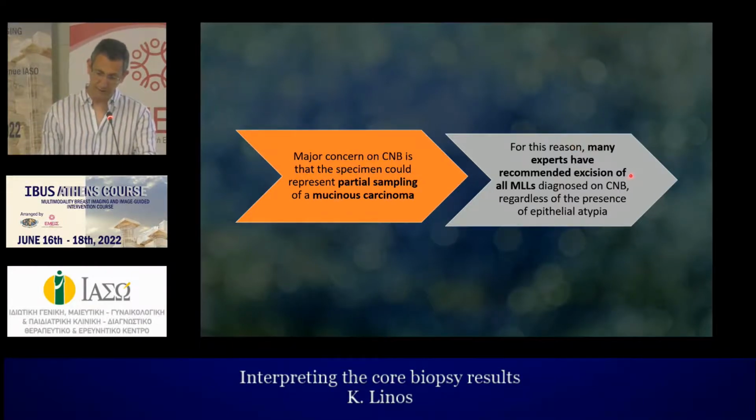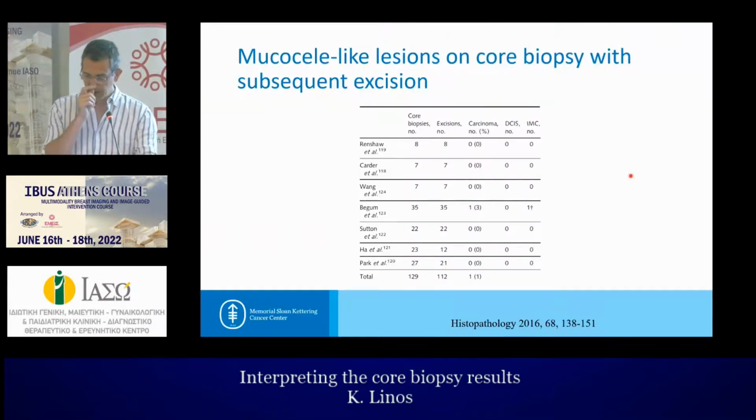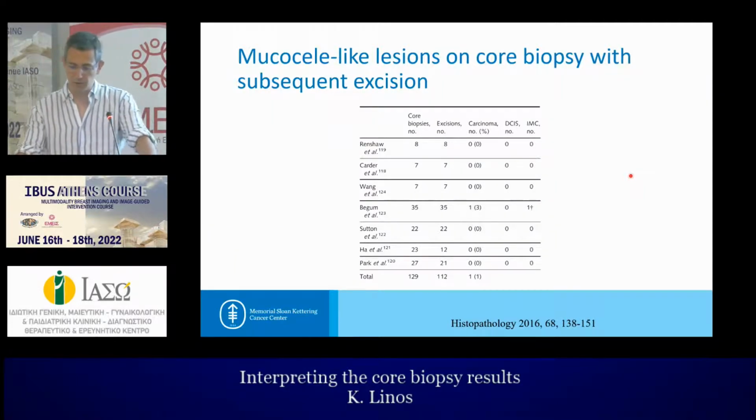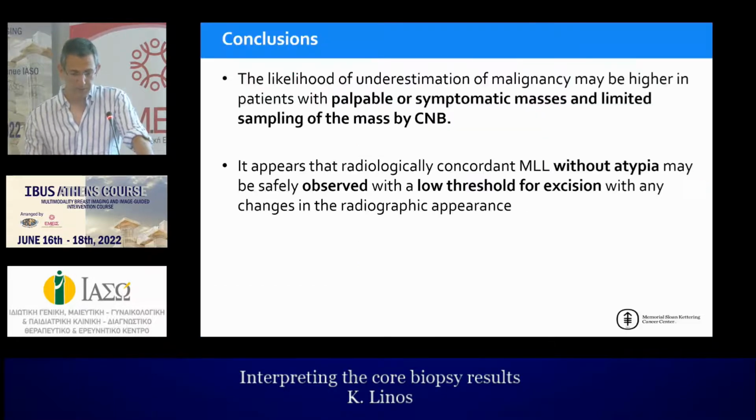regardless of the presence of epithelial atypia. However, if you look at the data more carefully, in patients with very careful radiological-pathological correlation, the upgrade rate is less than 1%. It's very low. So the chance to underestimate the possibility of malignancy is in patients who have a palpable mass and a limited sampling with a core needle biopsy, and then there's a danger that you underestimate.